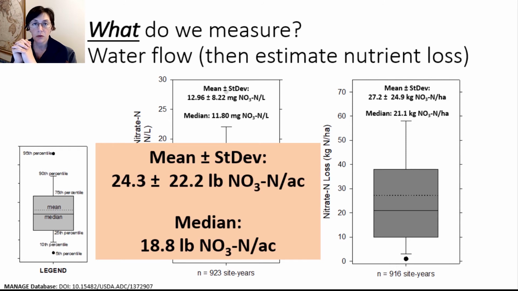So a good rule of thumb here for nitrate loss through tile drains in the Midwest under corn and soybean cropping systems is about 15 to 30 pounds of nitrogen per acre. That's a rule of thumb for your back pocket. Now, given what you all know about typical nitrogen application rates that we typically apply to corn, I just want to make the point that these levels of nitrogen loss through our tile drains are not insignificant.